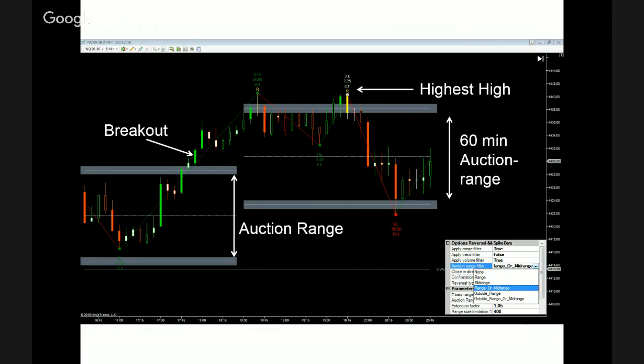And along with the points here, you see the points traveled in the last swing, as well as the accumulated volume for that swing. So that's what the additional numbers are telling us here.